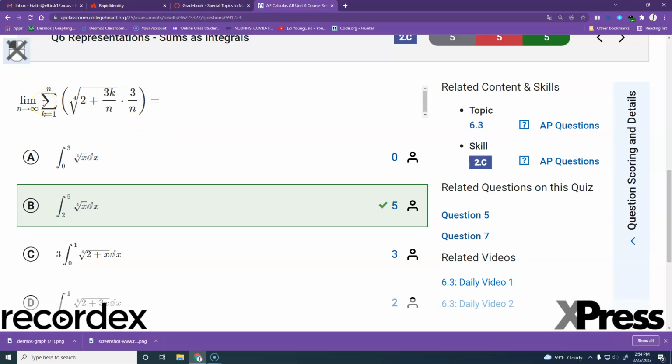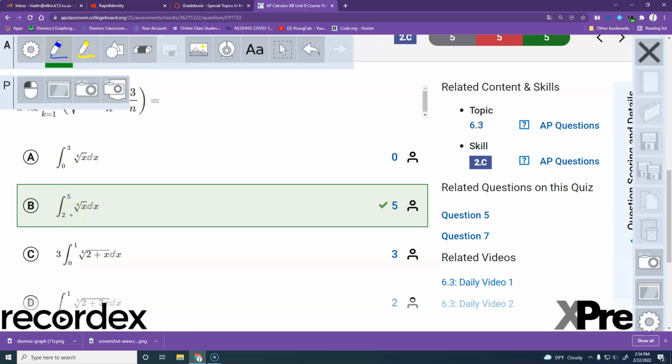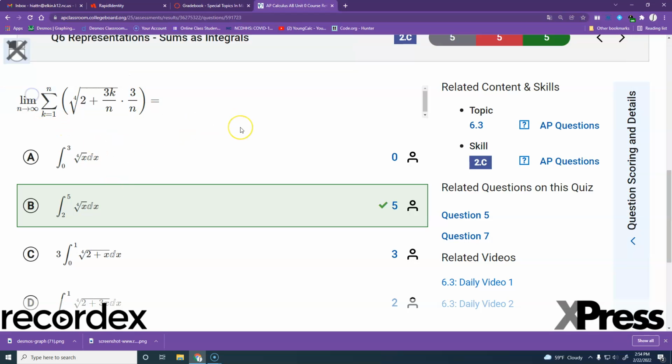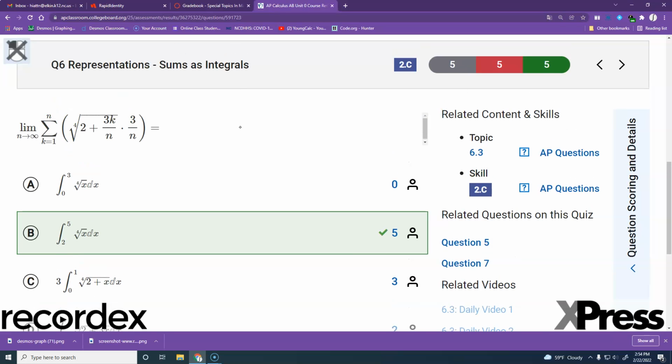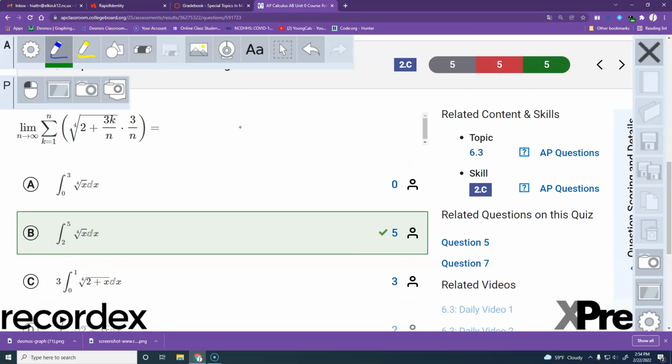Alright, here's another one. What you're more likely to see on the test is to go from this to the integral expression. So what you're looking for whenever you see this is this 3 over n right here.